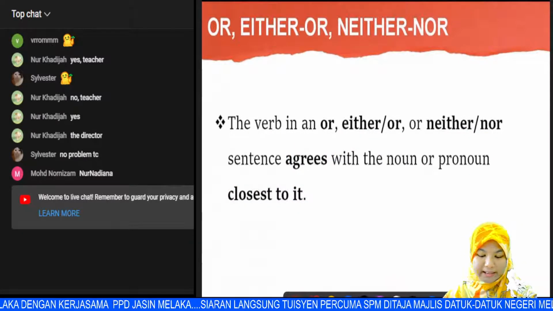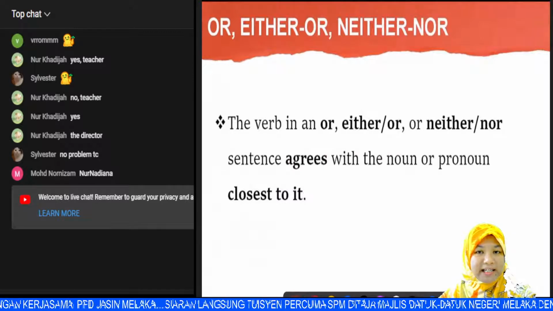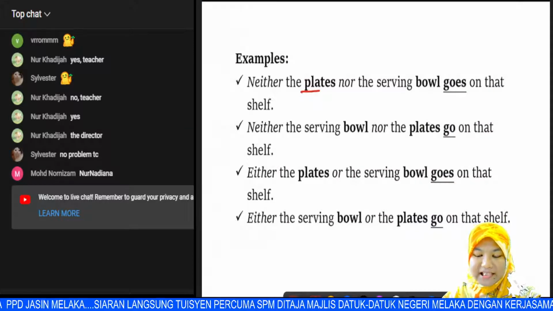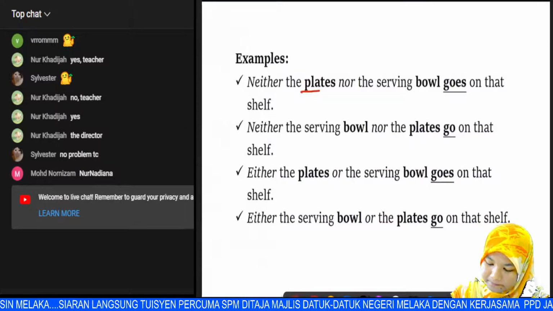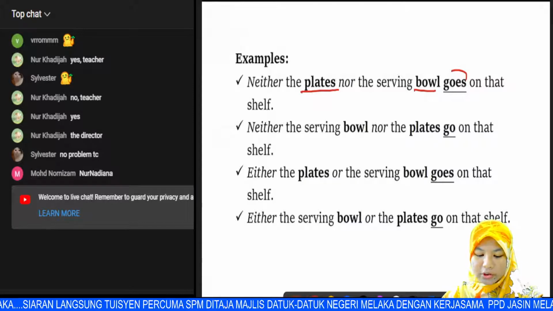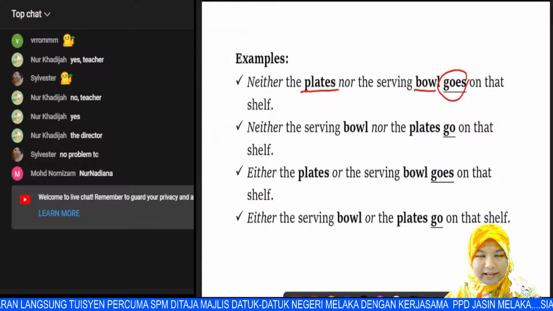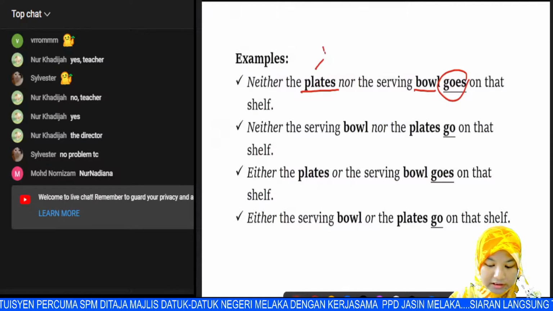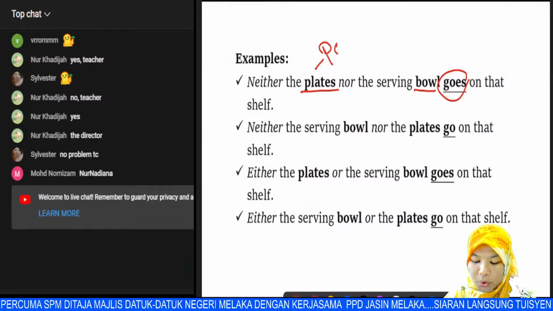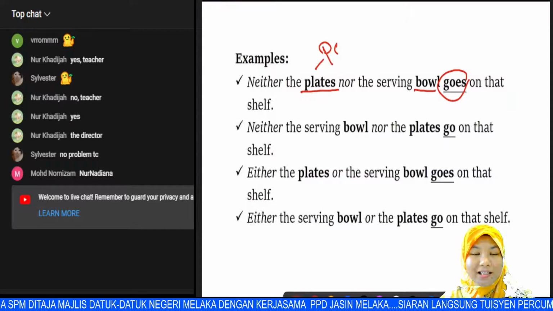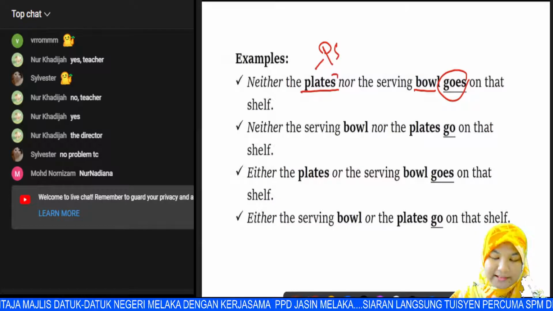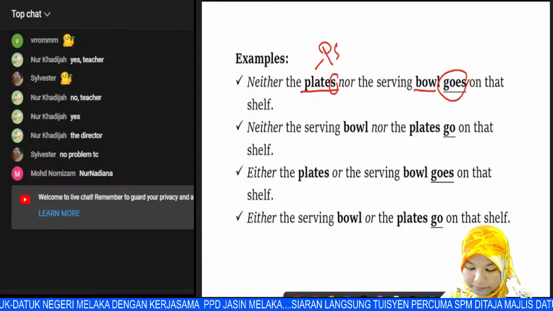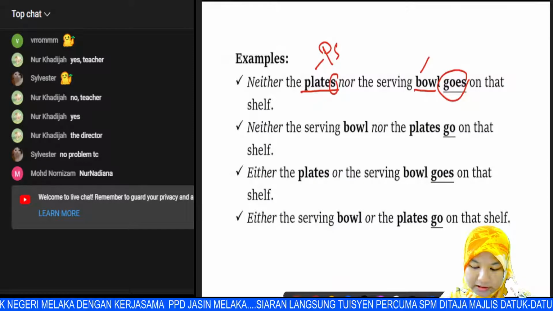Example here. Neither the plates nor the serving bowl goes on that shelf. Here plates indicates a plural subject because it has an s, and then bowl is a singular subject.